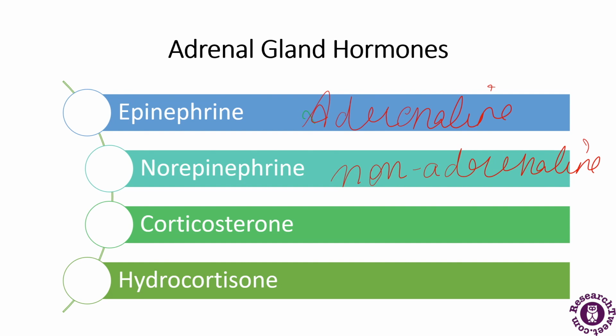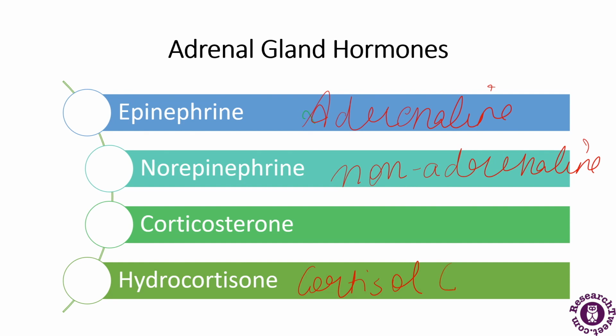Then comes hydrocortisone, commonly known as cortisol. It is a steroid hormone involved in regulating body functions such as the conversion of fats and carbohydrates to energy, and it also plays a vital role in metabolic processes.